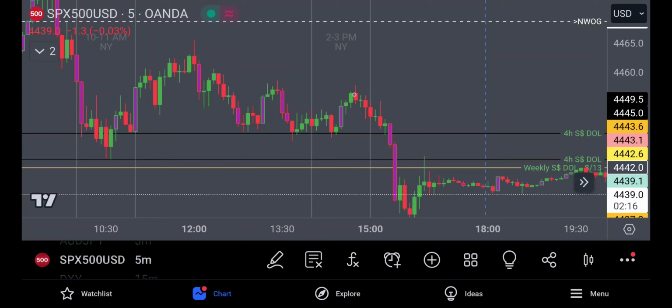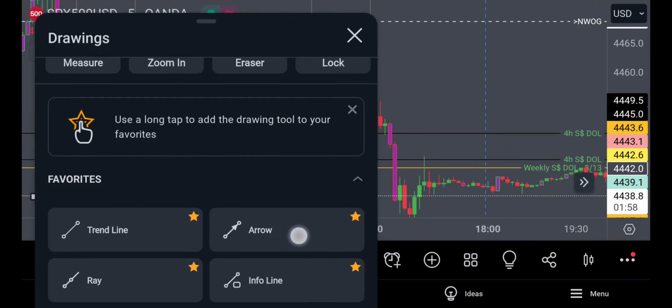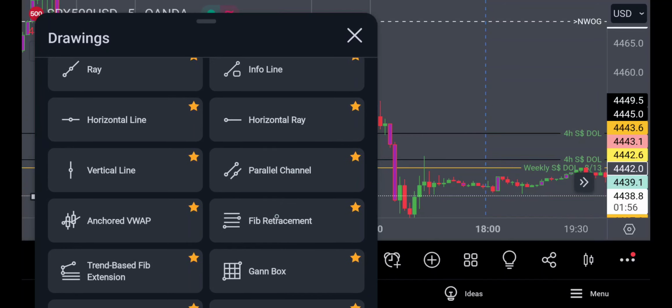Everyone is looking for or waiting for an FVG to be formed within that time period to take the trade. So let's take a look here for a prime example.